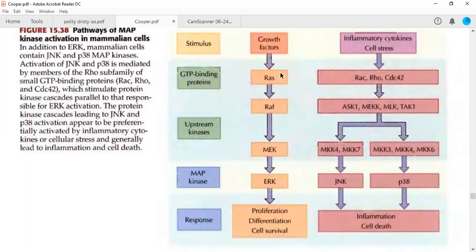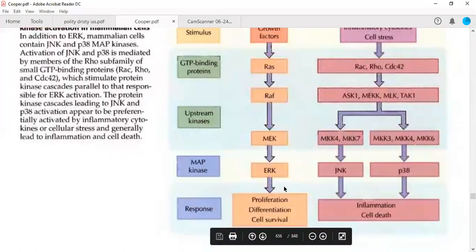These growth factors are able to activate the RAS protein. RAS is a GTP bound protein, and this RAF protein will be activated. RAF will activate MEK. MEK will activate ERK, which is a MAP kinase, and this MAP kinase pathway will be able to do proliferation, differentiation, or will help the cell to survive.